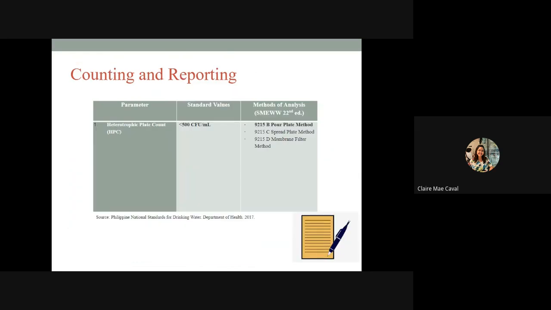And the standard value, again, based from the PNSDW or the Philippine National Standards for Drinking Water, is less than 500 colony forming unit per ml. Lampas na 500, even 501, that is marked as failed. Okay? And these are the accepted methods of analysis. And the highly recommended method is pour plate method because of its high accuracy.